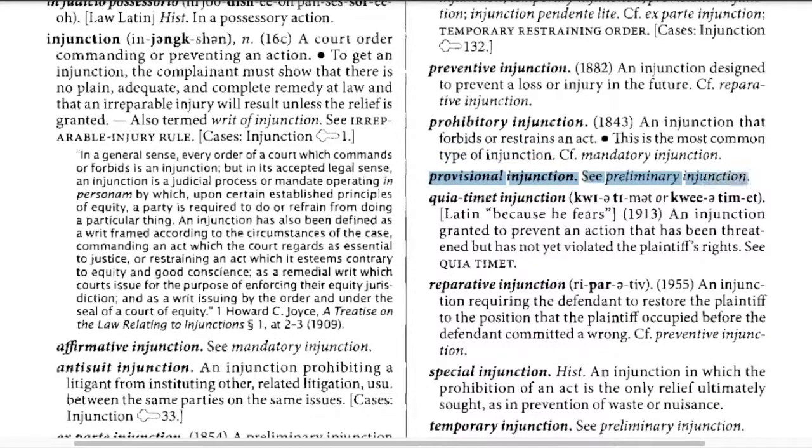Provisional injunction. We saw this, the preliminary, right? So this is another thing that you might want to do before a trial. Latin, because he fears. Oh gosh, it's a quia timet injunction: an injunction granted to prevent an action that has been threatened but has not yet violated the plaintiff's rights.